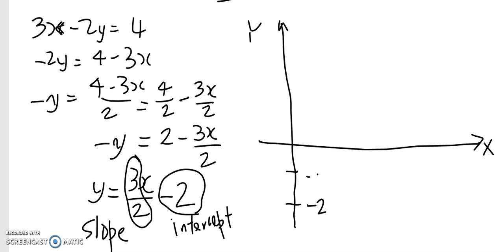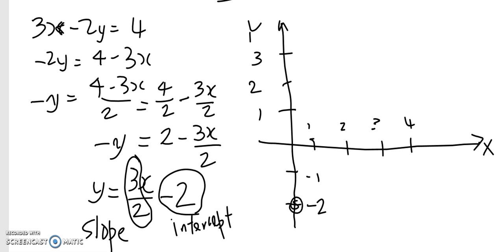This is minus 1. This one is 1. This one is 2. This one is 3. This one is 4. This one is plus 1. This is plus 2. This is plus 3. This is my graph. So my intercept is minus 2.